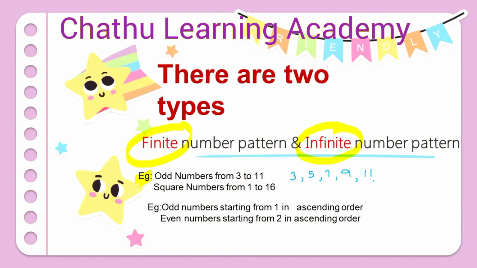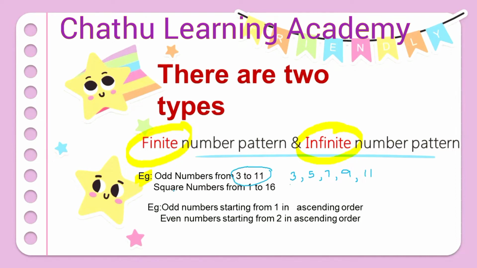This is the last term of this number pattern. Can we write any more values here? No, we can't because they have given the boundaries. This is the first term, this is the last term. Then here we can identify a specific number of terms in finite number patterns.